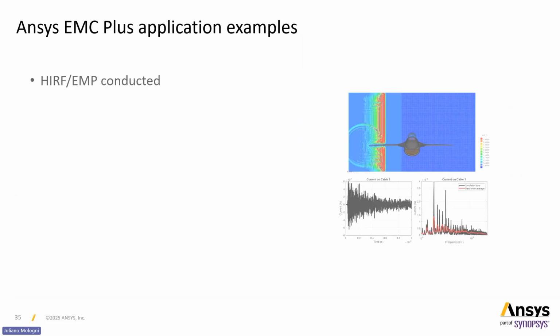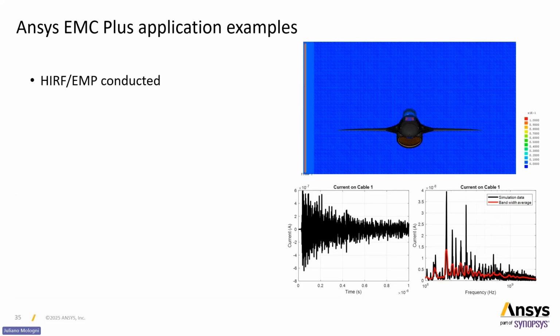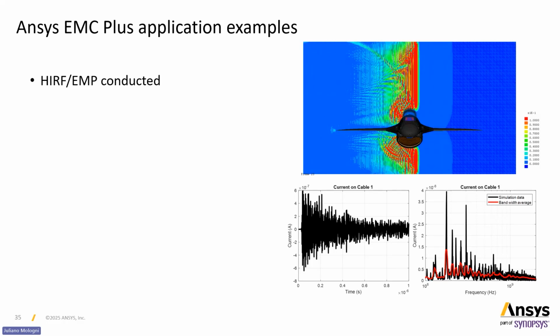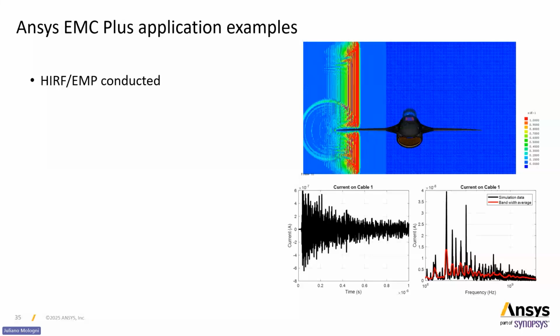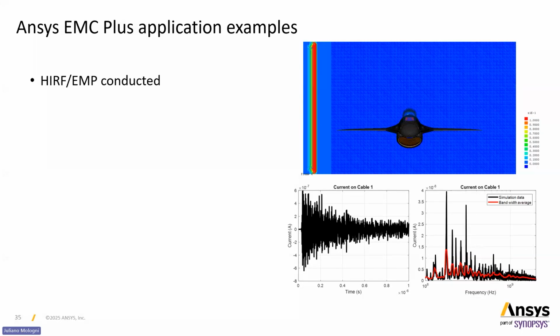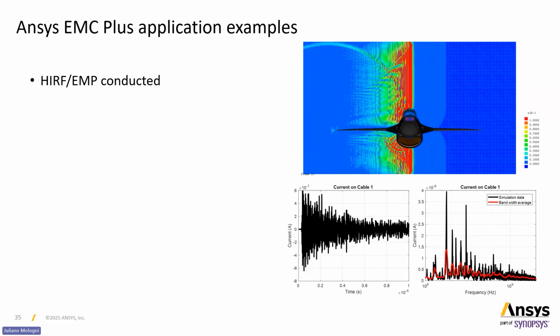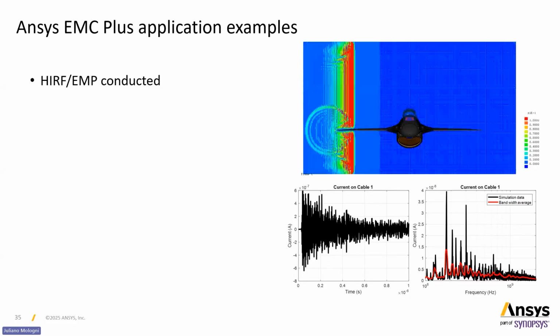So here are some of the EMC applications that we can solve with EMC Plus, right? We have HIRF, high intensity radiated fields, and electromagnetic pulse. So here you have an airplane and then you have an electromagnetic plane wave. You can actually compute the coupling from that plane wave into cables inside your airplane, right?